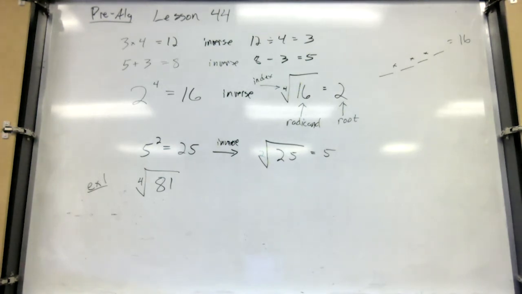So 9's too big. So try 2. 2 times 2 times 2 times 2 is 16. 2 times 2 is 4, times 2 is 8, times another 2, 4 twos, is 16. So 2 is too small. What about 1? 1 times 1 times 1 times 1 will always just equal 1.